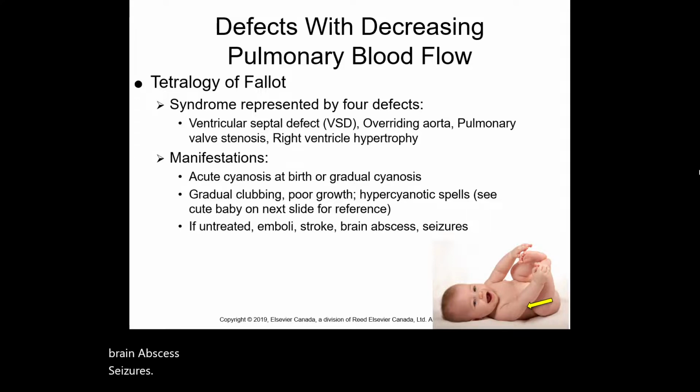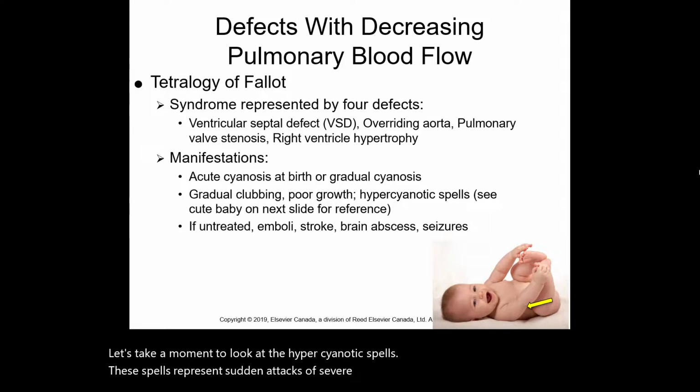Now, let's take a moment to look at the hypercyanotic spells. These spells represent sudden attacks of severe cyanosis that develop with time as the right ventricle increases in size.